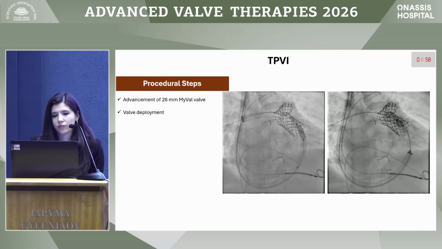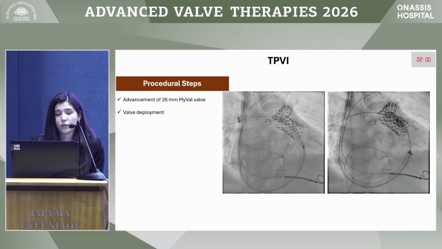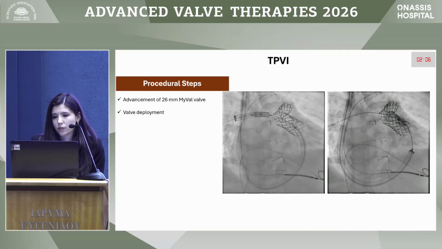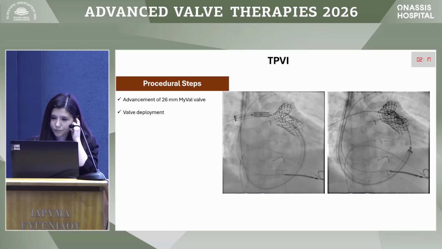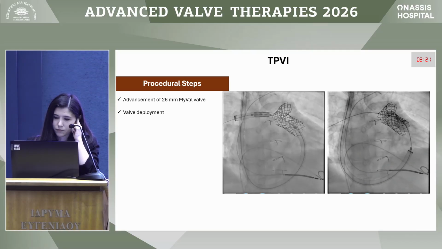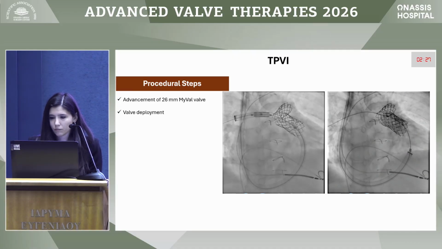Through it, we advance the 26 MyValve valve that we selected to implant in the patient, and we do the valve deployment. As you can see here, it takes a few seconds, but at the end, the valve is fully expanded.